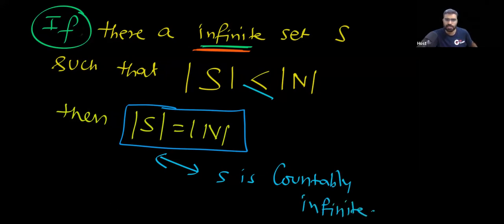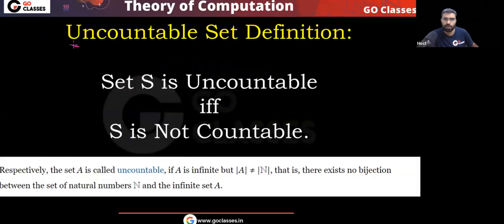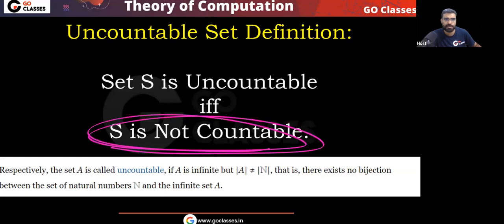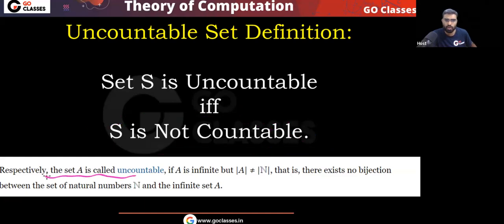Okay. So all these things, are they clear? Please tell me. So we have already seen all these things. What is the definition of an uncountable set? Uncountable means not countable. Yes or no? A set is called uncountable if it is infinite and there is no bijection with N, the set of natural numbers.